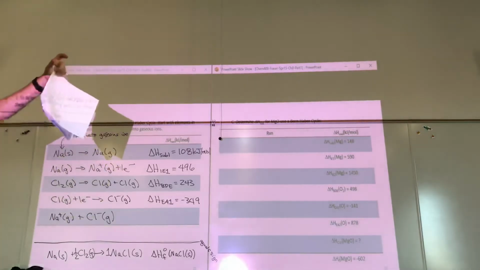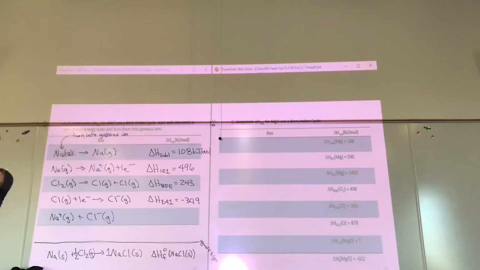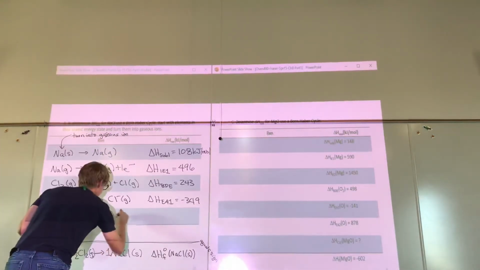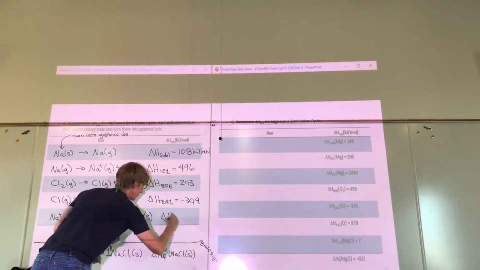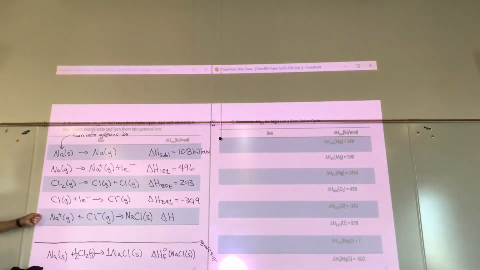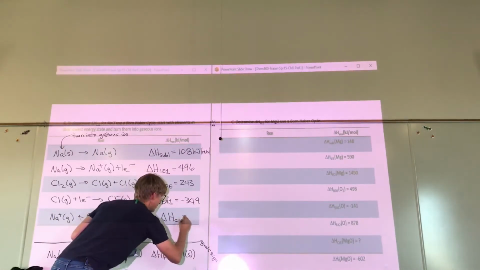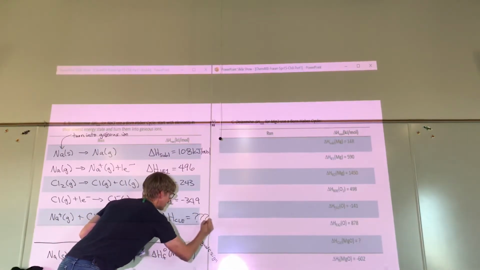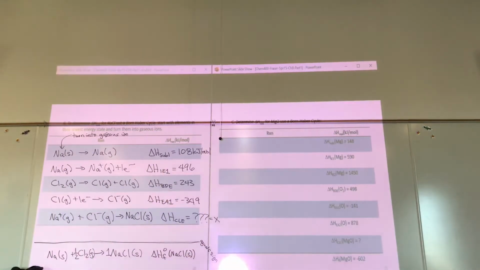But a crystal lattice energy is the process of taking positive and negative ions and bringing them together to form the solid. That's called delta H CLE for crystal lattice energy. And it is the one reaction that we don't know so far, and therefore we can solve for it.